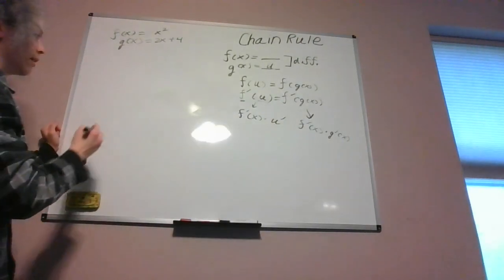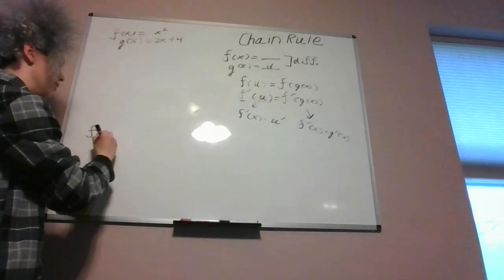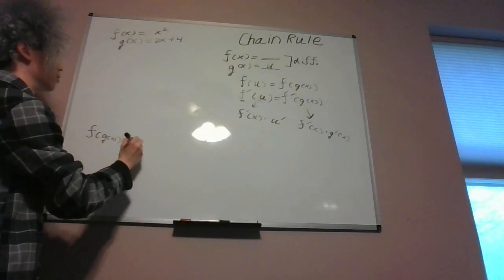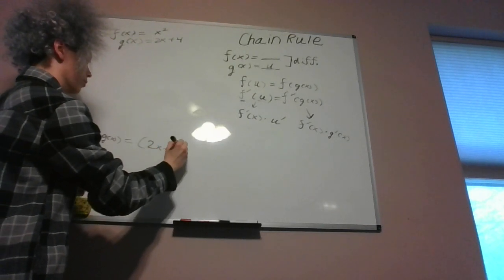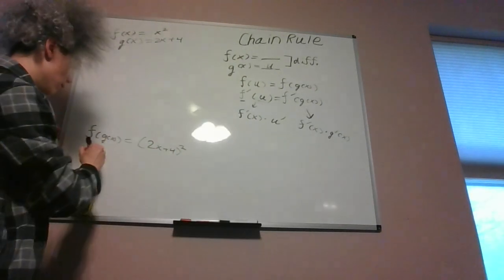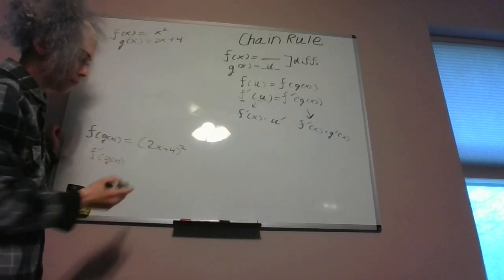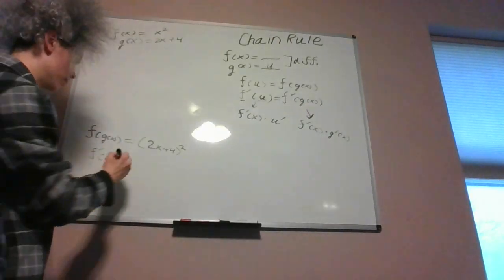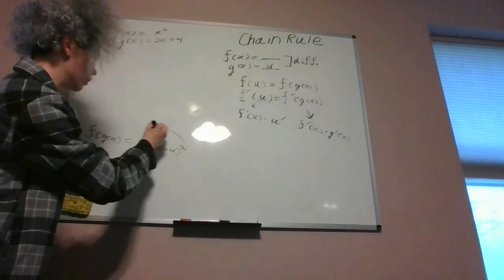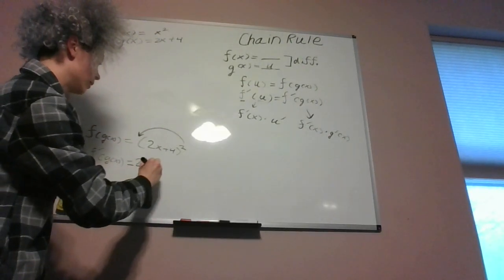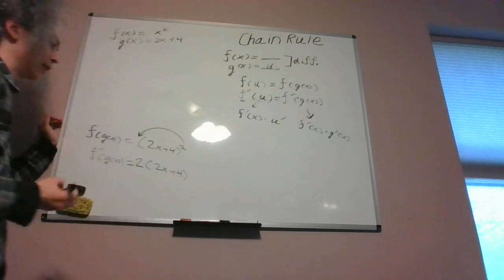Okay, now I'm going to draw it down here. F of g of x is equal to (2x plus 4) quantity squared. Now, what is f prime of g of x? What is f prime of this whole function? We're going to do the normal power rule first. It's going to be pretty simple, actually. Bump this power out in front, and we're going to leave g of x, that internal composition function, as normal.